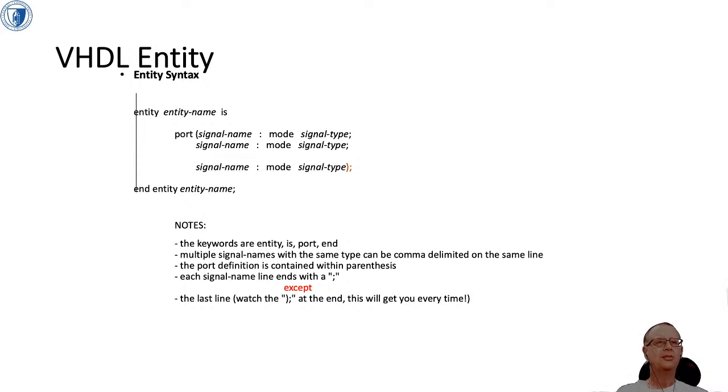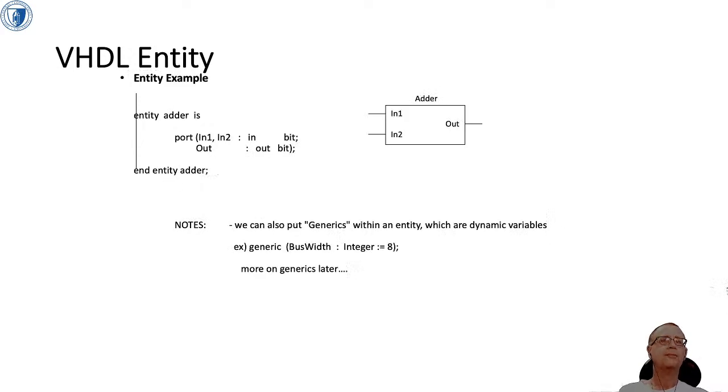And then the last one, there's no semicolon after signal type, but there needs to be a closed parenthesis semicolon to finish the port. Right, so here's an example for our adder. Entity adder is port in1, in2 of mode in, type bit, out of mode out, type bit, and end entity adder.